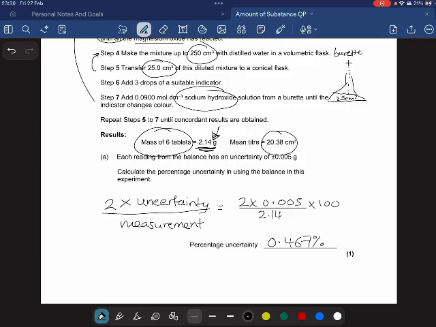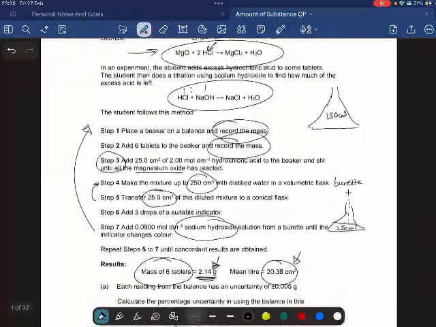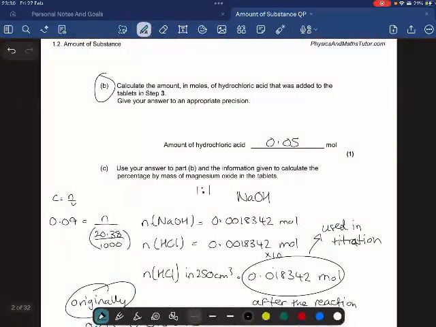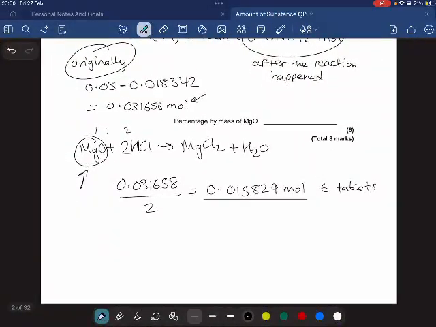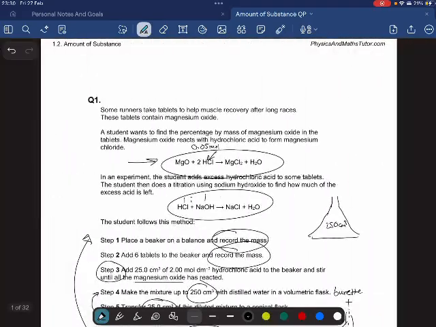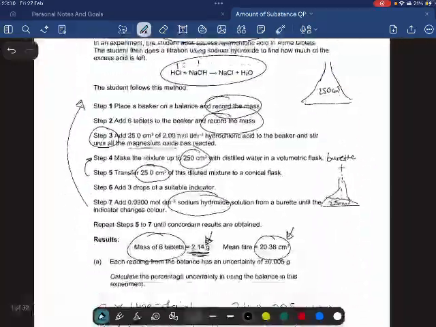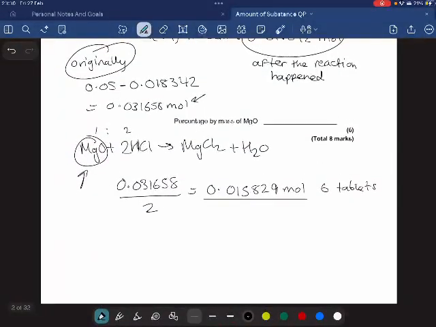So all our results, we use the 2.14 grams, we use the 20.38 titer, so we don't need to do anything like dividing by 6. We can just keep it as is, because all of the calculations that came after that were consistent with the 6 tablets, not with 1. So that is for 6 tablets.